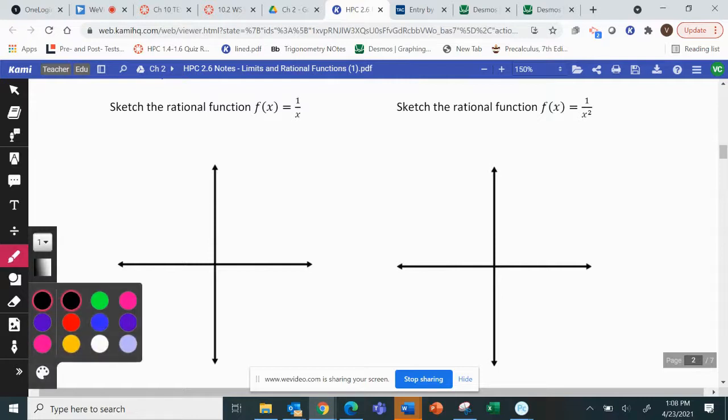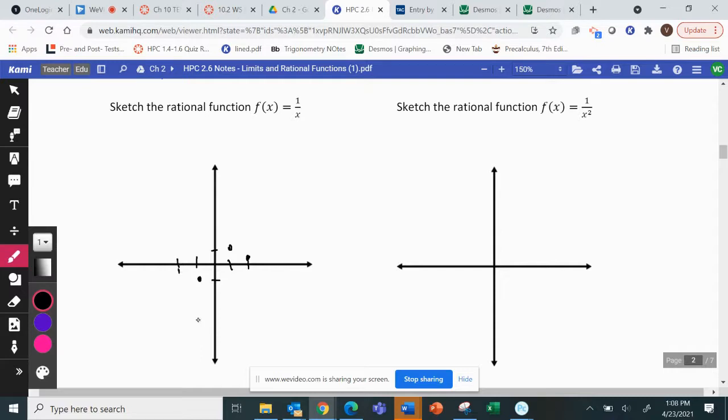If I plug in 1, I get 1. If I plug in -1, I get -1. If I plug in 2, I get a half. If I plug in -2, I get -1/2. And if I plug in a half, I get 2. Or -1/2, I get -2. We have asymptotes for this at x equals 0 and at y equals 0.